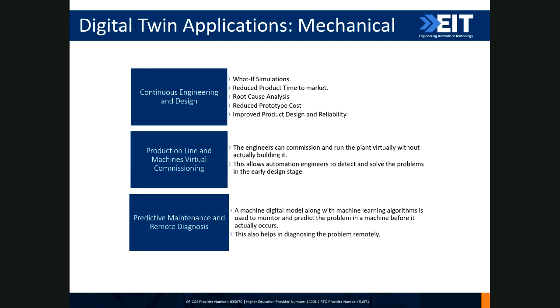If we focus mainly on the mechanical engineering related applications of digital twins, we can say that today's market is highly competitive, and the ambitions for shortening the time to market and for increasing the product development performance are actually fueling the application of digital twins throughout all the stages of product realization.